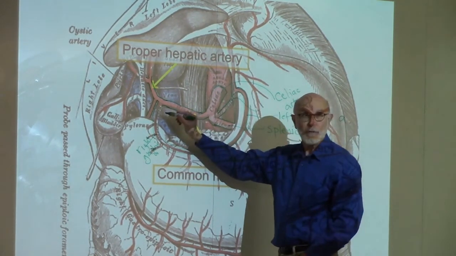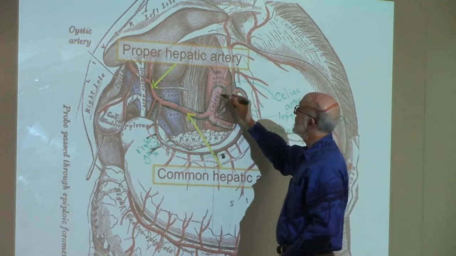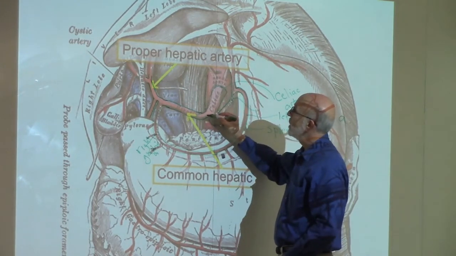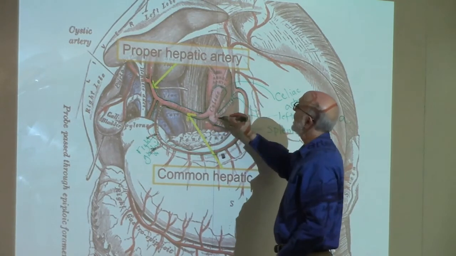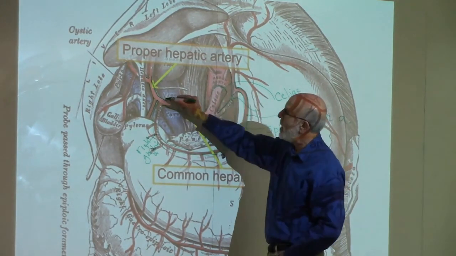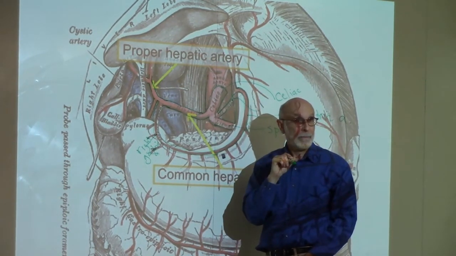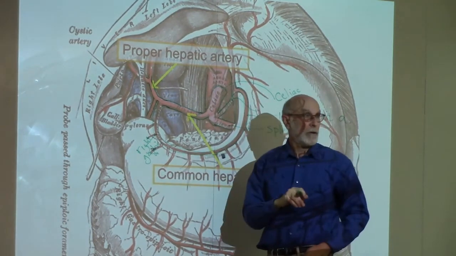The blood that serves the lesser curvature of the stomach is either celiac, left gastric, or celiac, common hepatic, right gastric. I'm sorry, I said it wrong. Feeding the lesser curvature of the stomach.